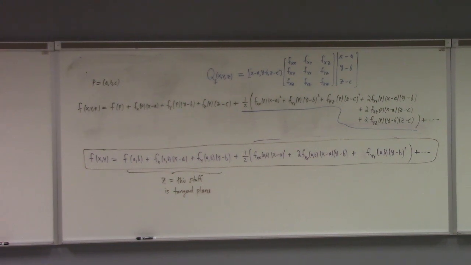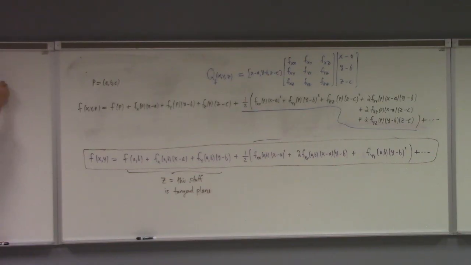So suppose you're given that f of x y z is equal to 67 plus 13 times x minus 1 plus 20 times y minus 2 squared plus 30 times y minus 2 times z minus 3.